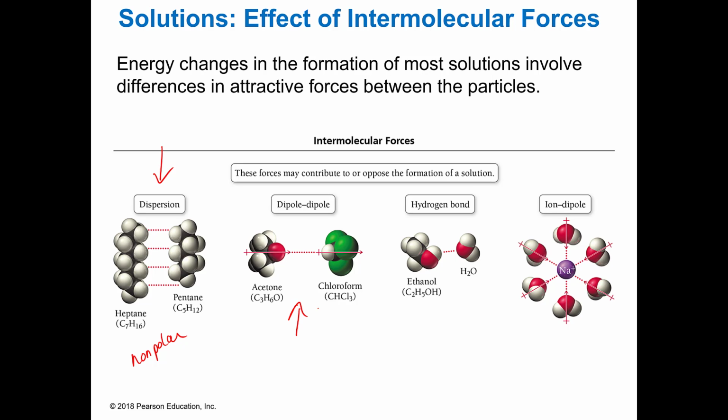Then in polar, you can have dipole-dipole, hydrogen bonding, which is a type of dipole-dipole, and then you could have ionic bonding as in the case of ion-dipole. And so how soluble things are depends on what type of these forces you have between the molecules themselves and what they're going to have between the solute and the solvent.